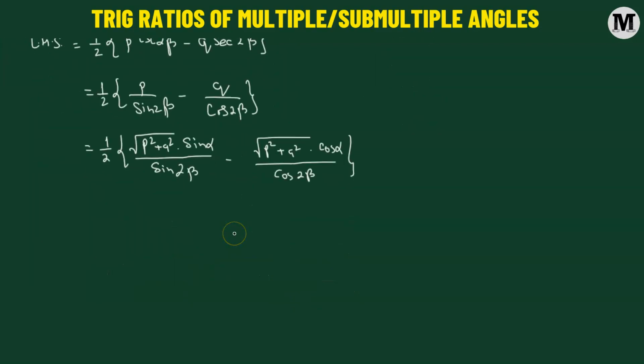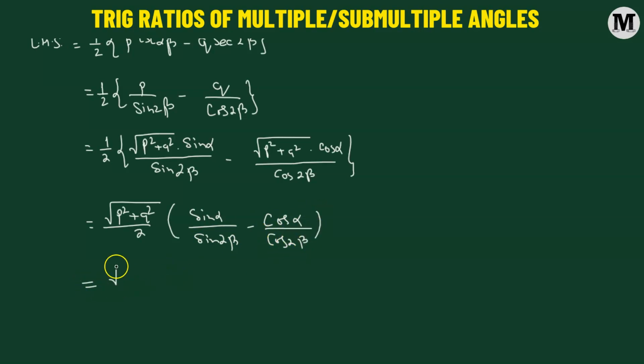Now from both the two terms, we can pull out square root of P squared plus Q squared because that will be the common factor. Now we have square root of P squared plus Q squared divided by 2, multiplied by sine alpha over sine 2 beta minus cosine alpha over cosine of 2 beta. This gives us square root of P squared plus Q squared, whole divided by 2, multiplied by, so let's combine the two fractions.